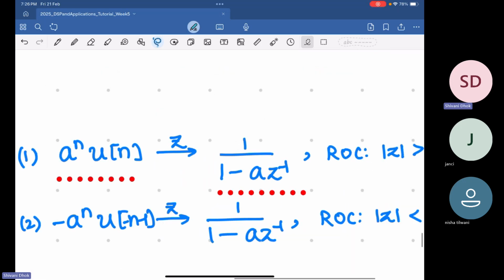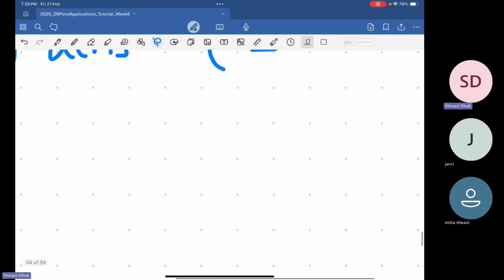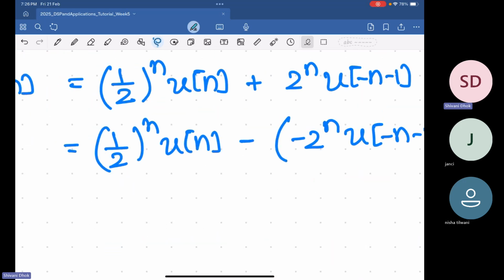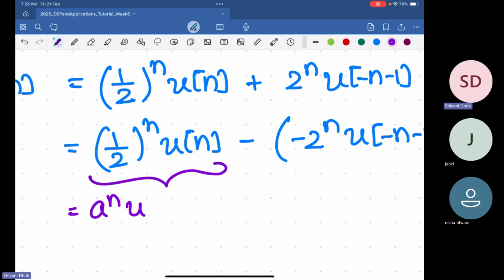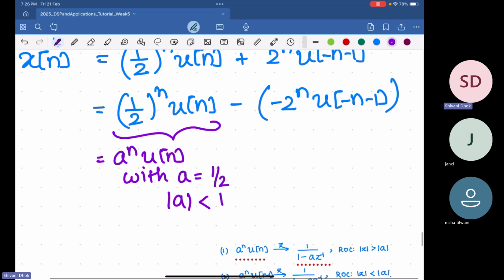If you observe carefully, this is our first standard form, that is a power n u of n, with a equal to half and magnitude of a is less than 1.